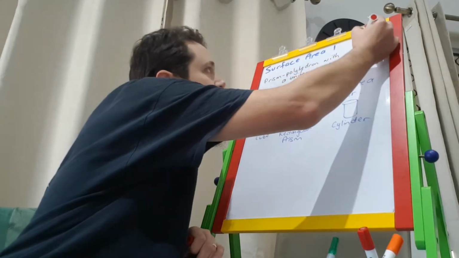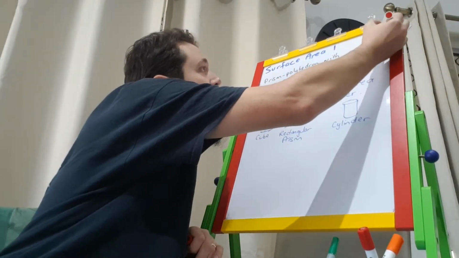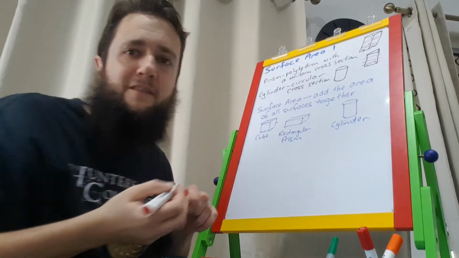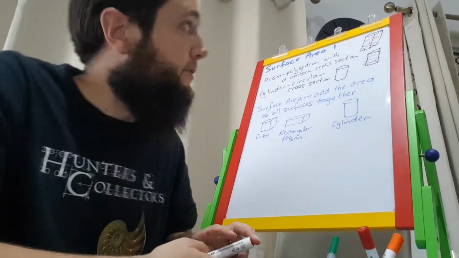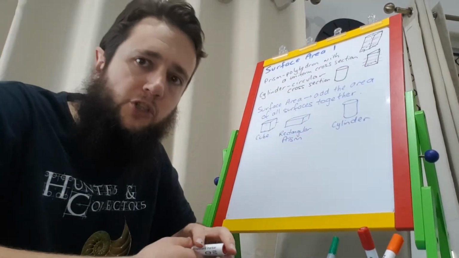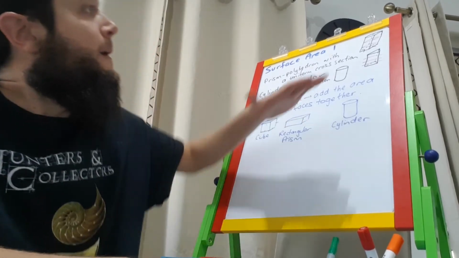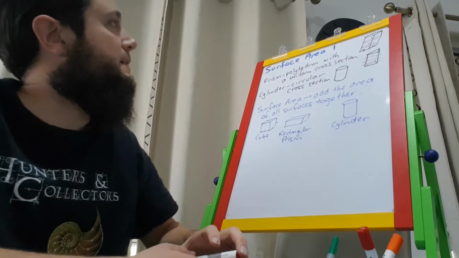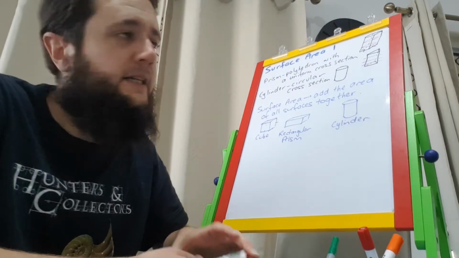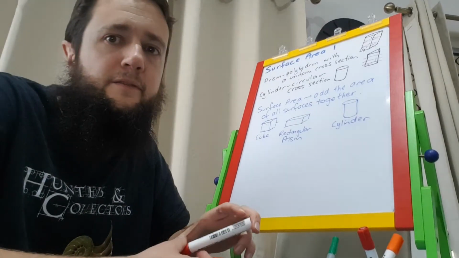If you chopped it anywhere in particular, you'll end up with a square. So these two are examples of prisms. That's a triangular prism because if you chop it anywhere, you're going to get a triangle. And that one's a square-based prism, because anywhere you cut that, you're going to get a square.